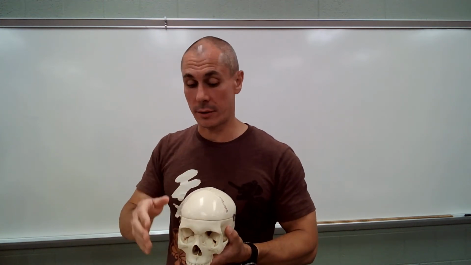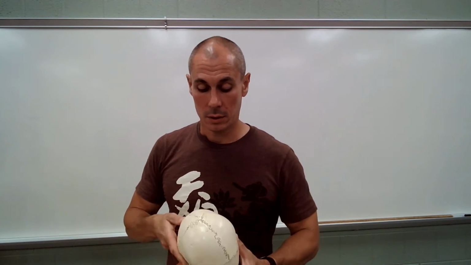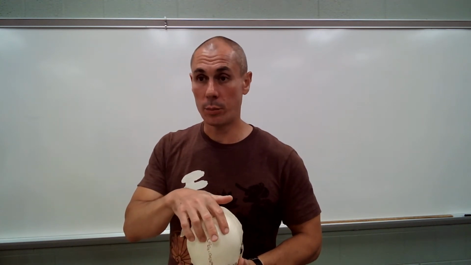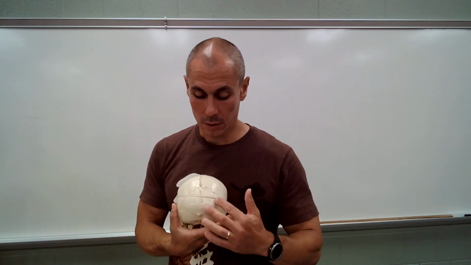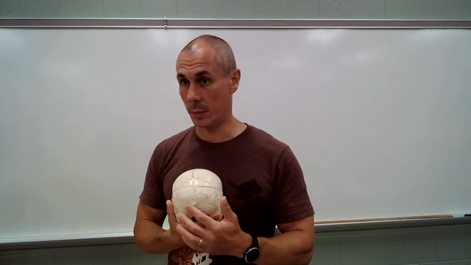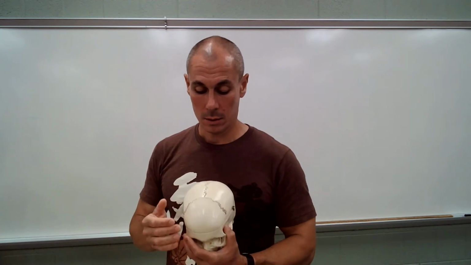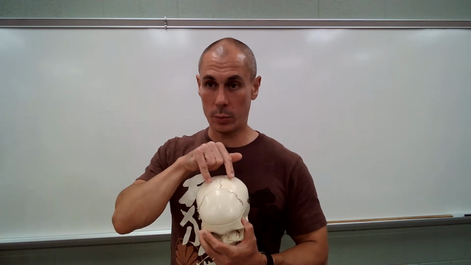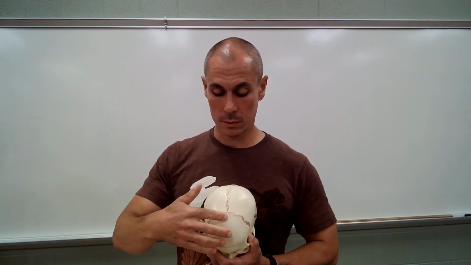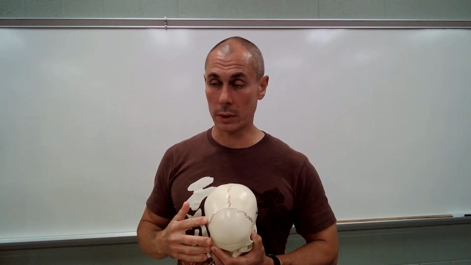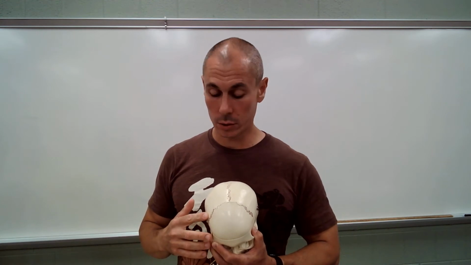Some of the bones are very, very simple. So this is frontal. These two bones are parietal bones. This one is the occipital bone. The frontal and two parietal bones are separated by a suture, which is called a coronal suture.